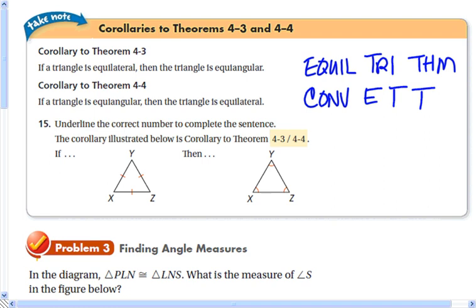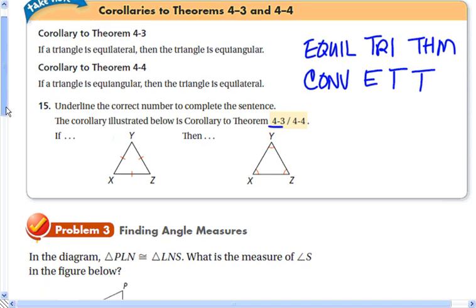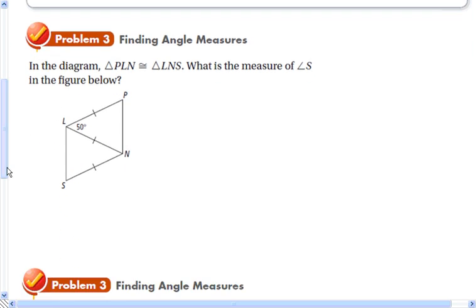Okay, so problem 3. Triangle PLN is congruent to LNS. What is the measure of angle S in the figure below? We'll find that.